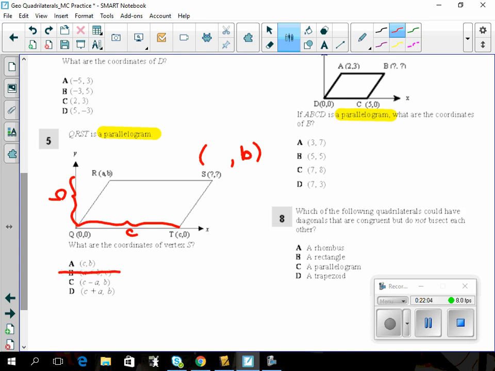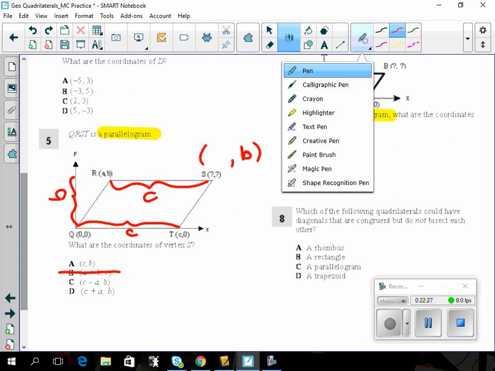B. I can cross that answer choice off. When you have multiple choice, it's a good idea to eliminate answer choices. So now what I'm looking at is what my x coordinate is. Well, when I think about this distance being C, if it's a parallelogram, isn't that also C?